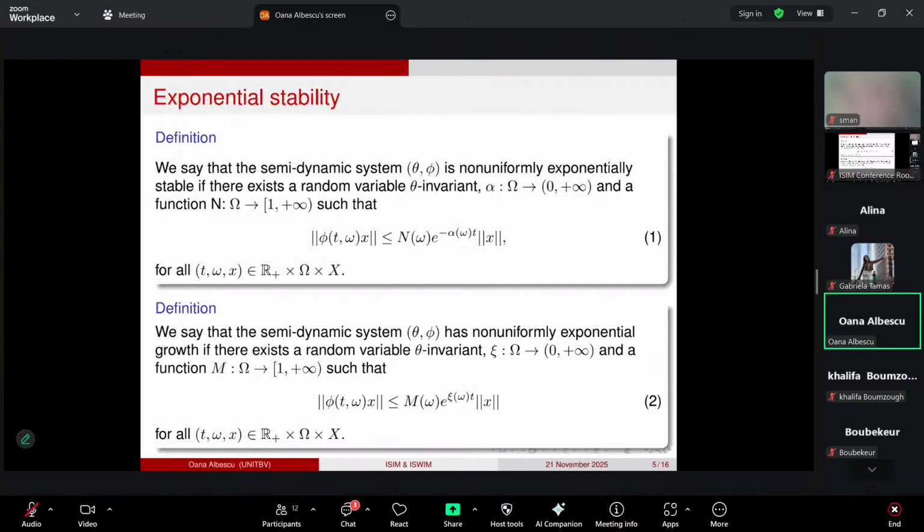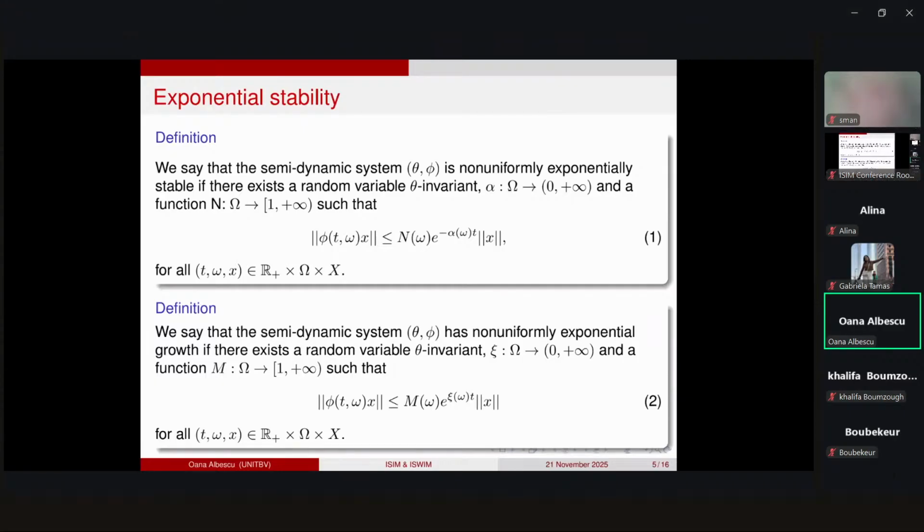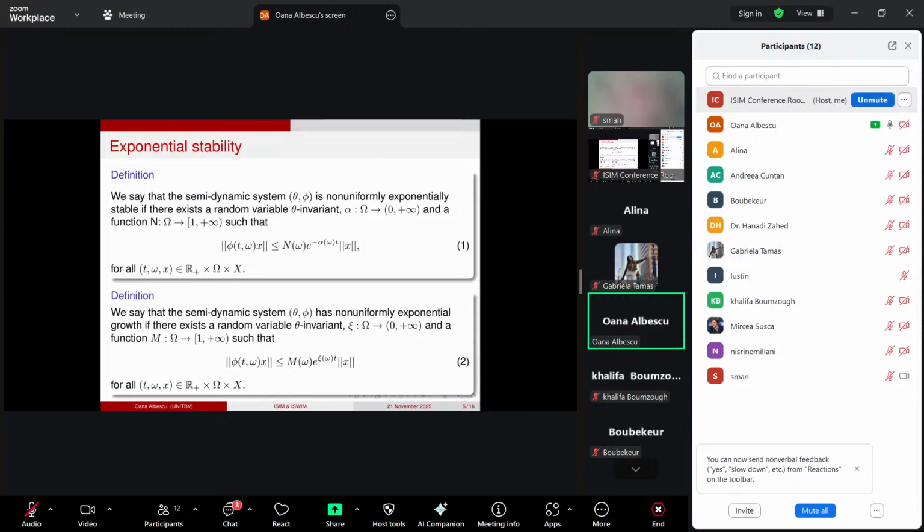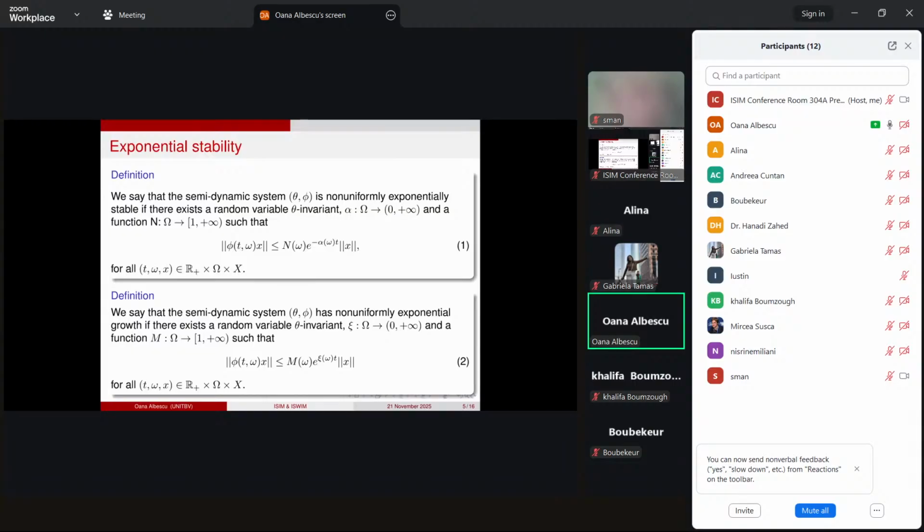On this slide, we give two important definitions for the system theta phi. First, the system is called non-uniformly exponentially stable if there exists a theta invariant random variable alpha and a function n such that the norm of phi decays exponentially with rate alpha up to the factor n of omega.